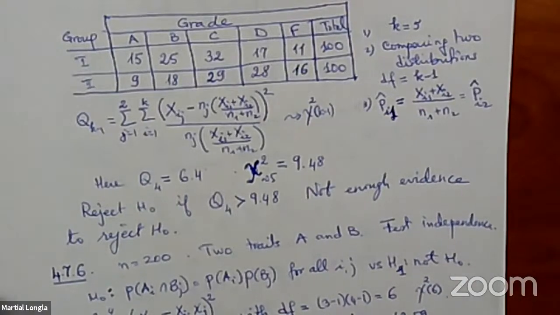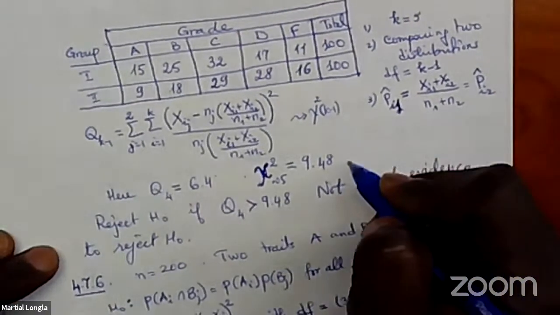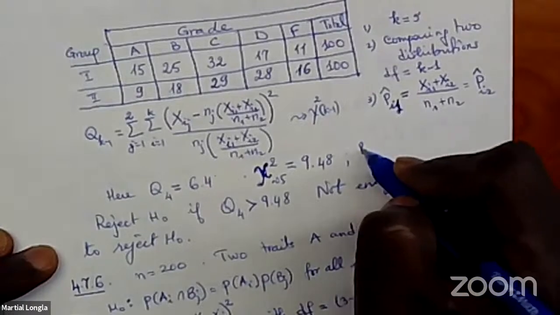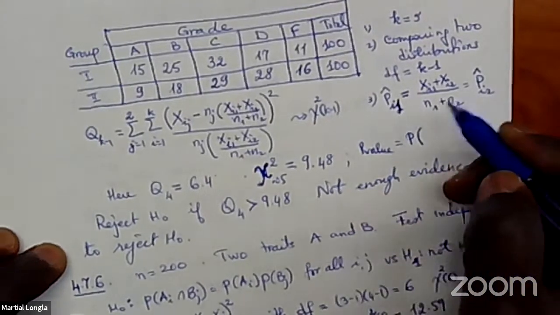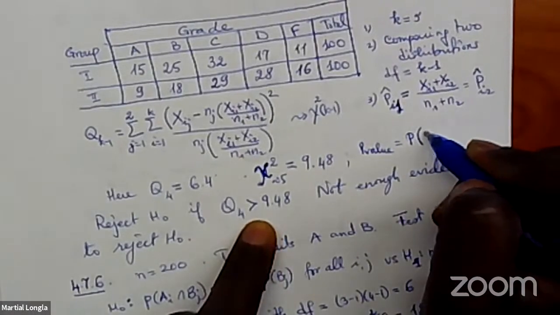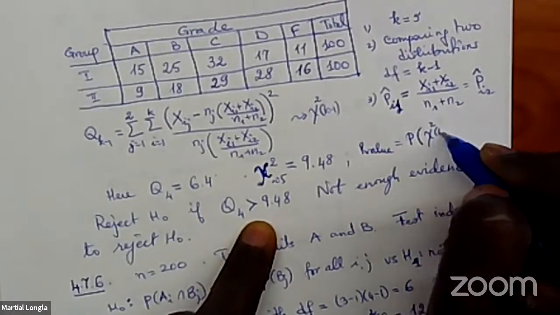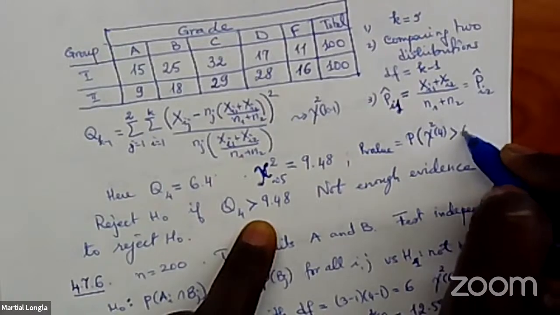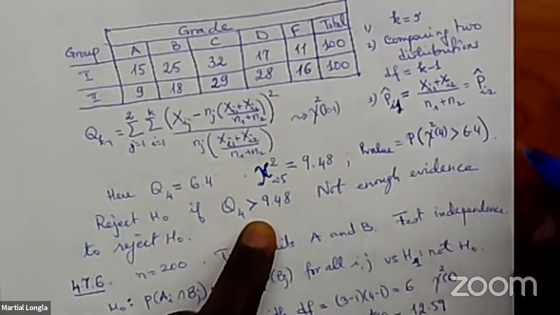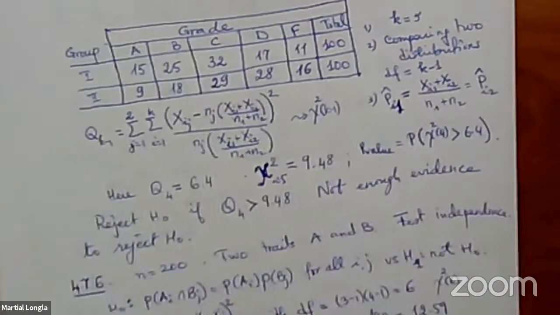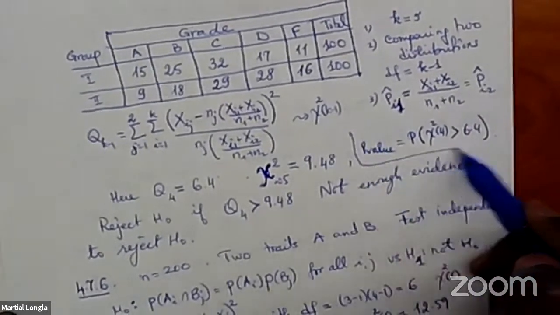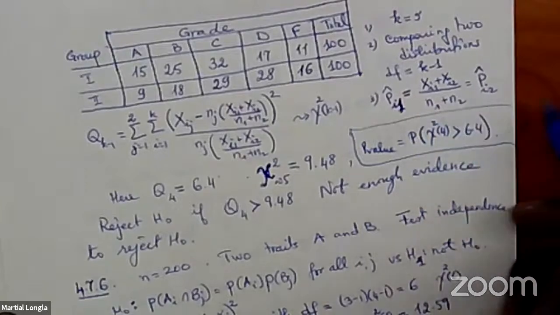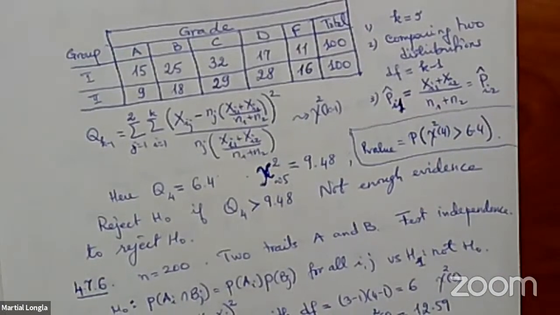So if you want to look for the p-value in this problem, the p-value is the probability that chi-square with 4 degrees of freedom is larger than 6.4. That's how you would translate that from the previous problem to this one.